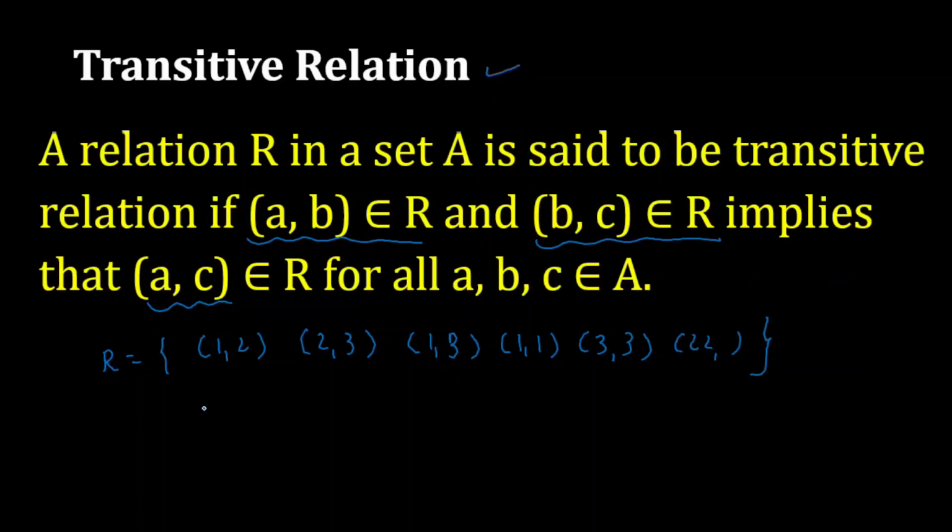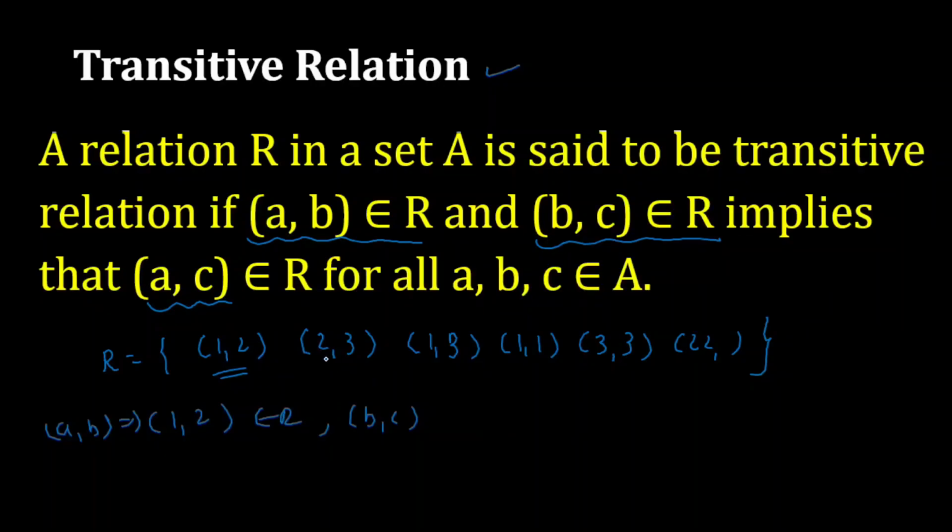If this is a relation, (A, B) belongs to R. Let us take (1, 2) as (A, B), my dear students. So this belongs to R because this is already there. Now for (B, C), B is 2 here, so the element should start with 2 only.